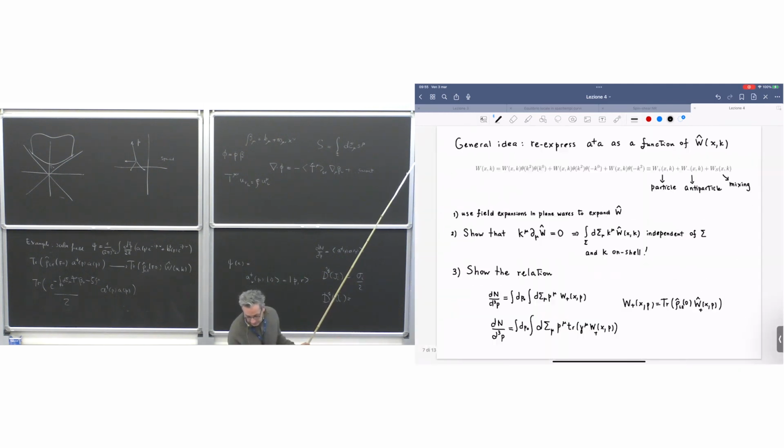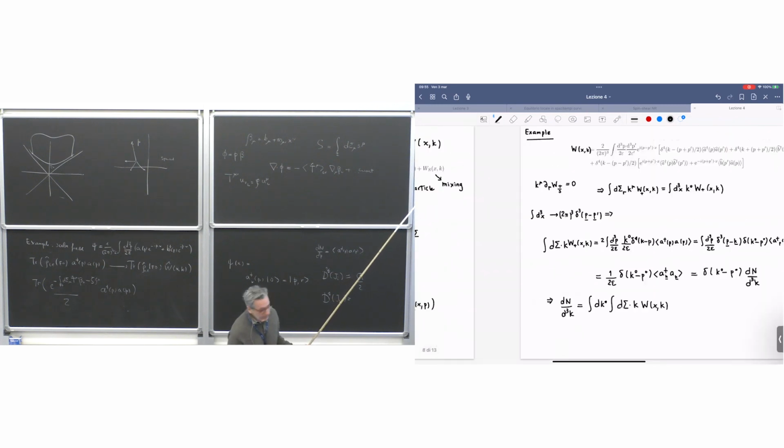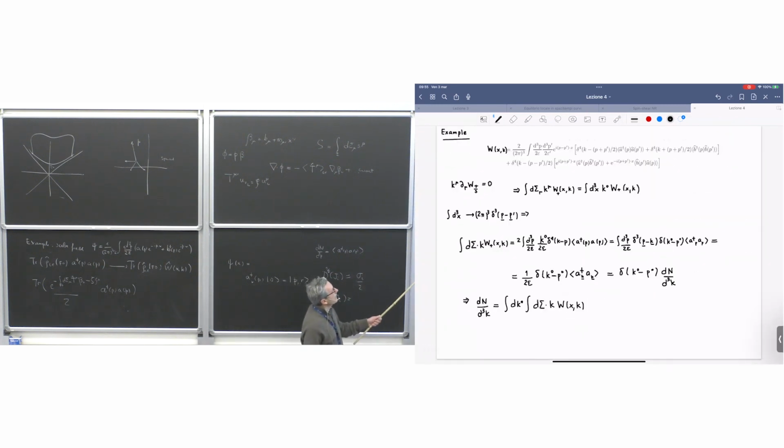So after taking the average, if you just work term by term, you get something which involves the presence of deltas, and then you have combinations of A dagger A with different momenta, of B dagger B, of the antiparticles, and then you have also mixed terms.